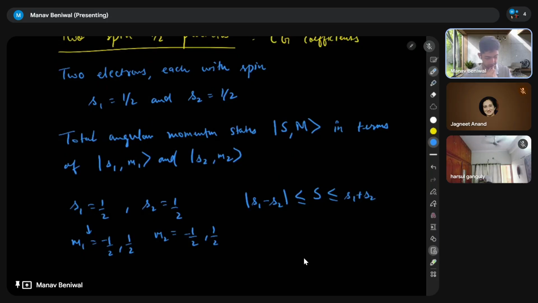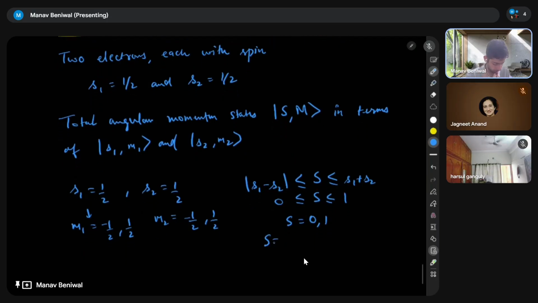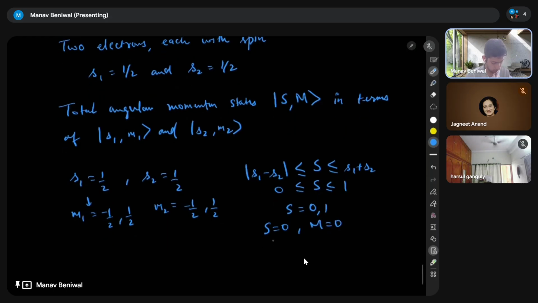So s1 minus s2 will be 0 and s1 plus s2 will be 1. Our s also has two possible values, 0 and 1. When s is 0, my m will be 0, and when s is 1, my m will have three values, minus 1, 0, 1. This is the famous singlet and triplet states, so this is the singlet and this is the triplet.